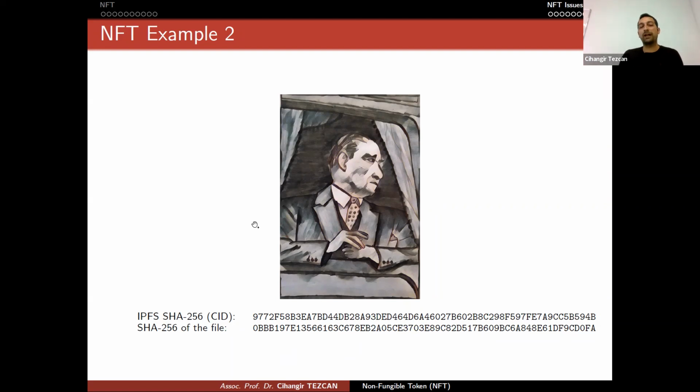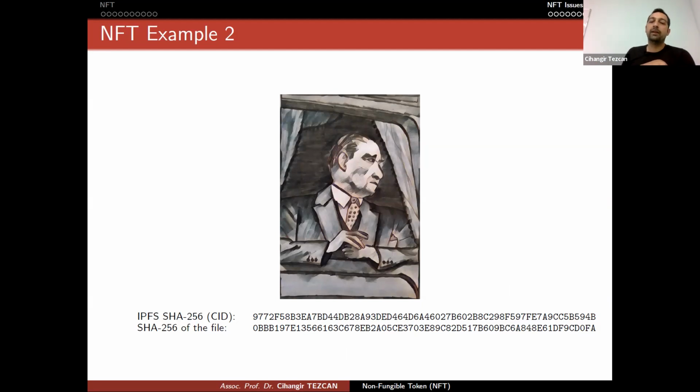So IPFS doesn't provide you any integrity indices. It only says that, if you know how to calculate this, again, it is very hard, I couldn't understand from the source code, but at least you can say that this was the image that was stored at the time. It provides an integrity, but it doesn't provide you the exact SHA-256 of the image file.